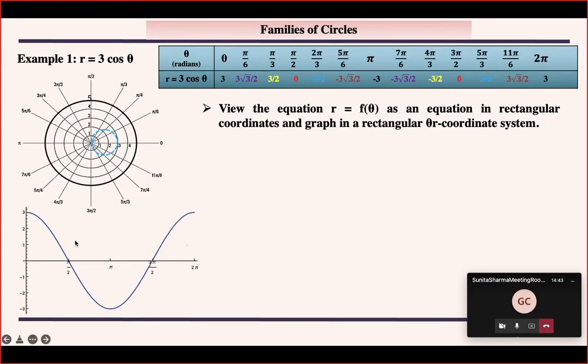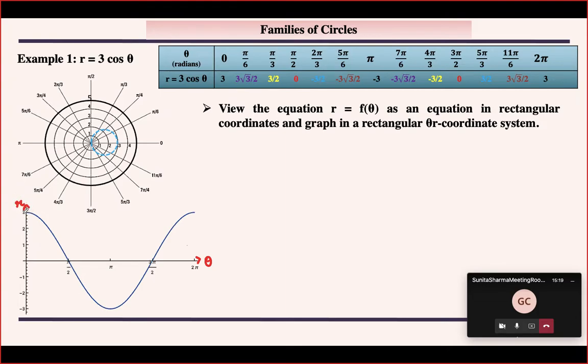So the first thing we'll do is plot the graph as an equation in the rectangular system. Here we have a rectangular system where we do not have angular lines and circles for r and theta, but we have the xy coordinate structure, where along the horizontal axis you denote theta. r is dependent on theta, so your independent variable is theta and your dependent variable is r.